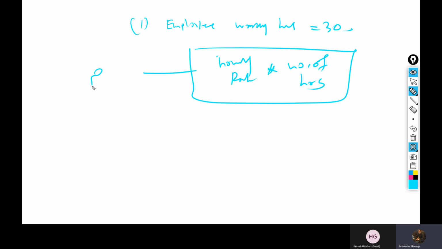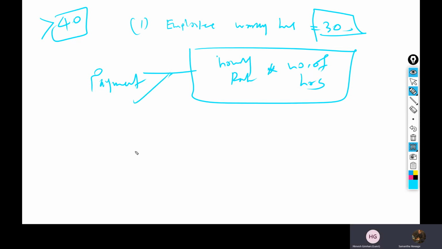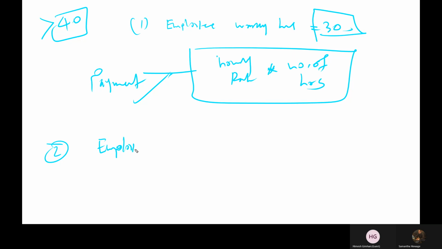It's a payment. There is no issue. My condition is that the additional payment comes when the employee works more than 40 hours. Here it is 30, so no additional payment, just find the general payment. That's why next time somebody says, okay, employee works 50 hours.